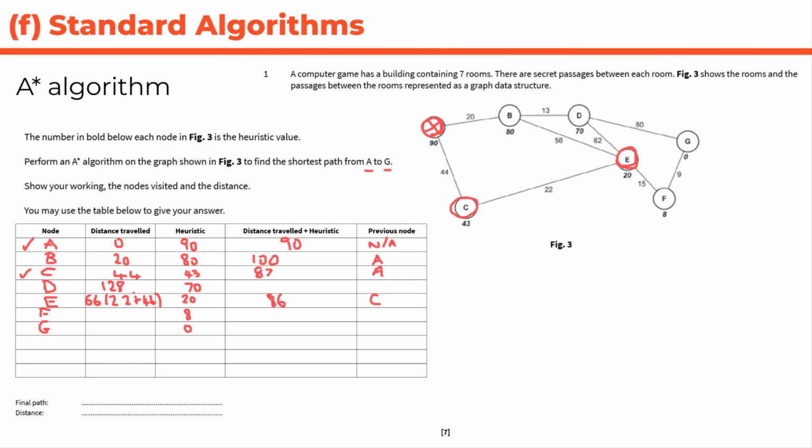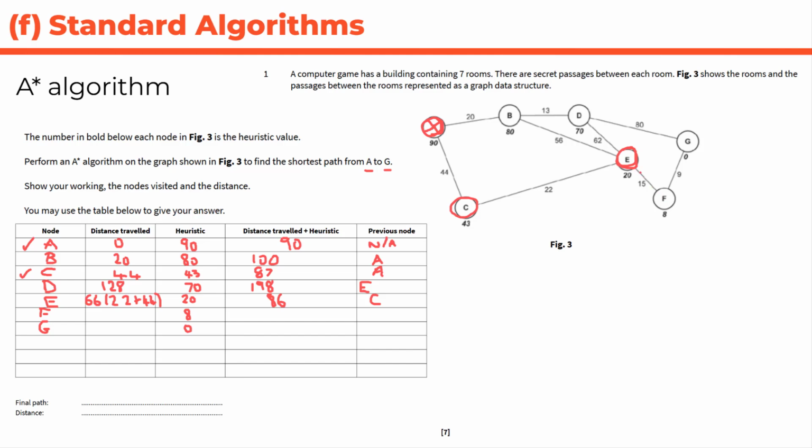Then we add our cost of 70 on top of that, and that gets us 198. And how did we get there? We got there via the E node. At the moment, wonderful.